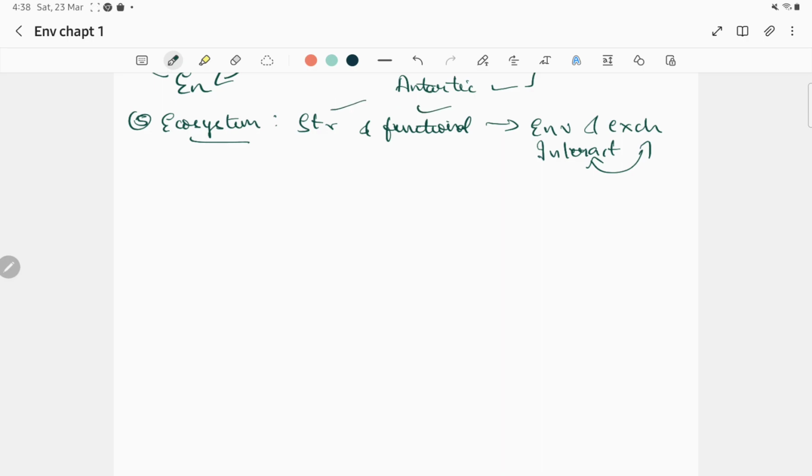So it is the structural functional unit of a biosphere consisting of a community of living beings where they interact with the environment and exchange between them.